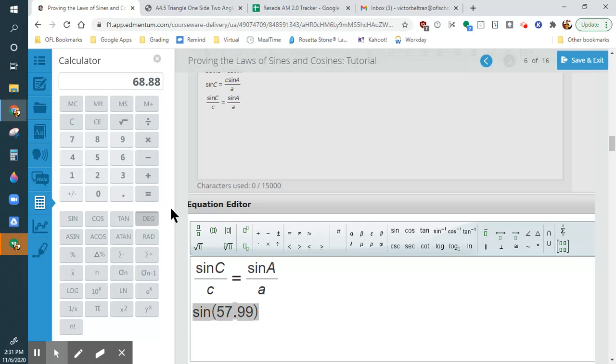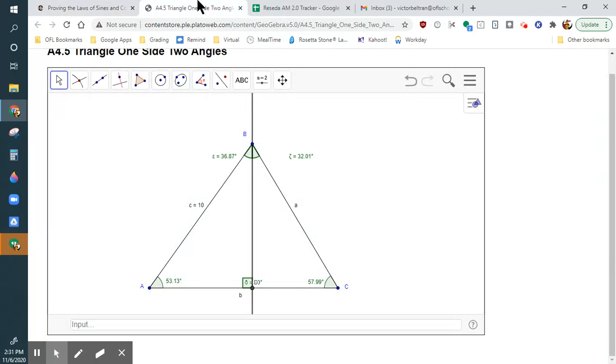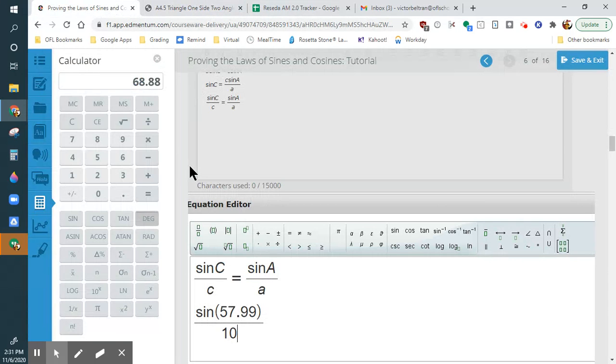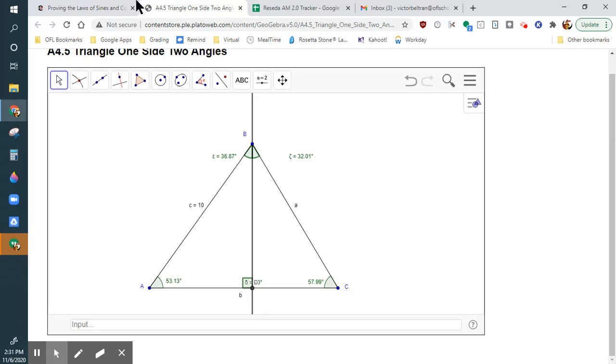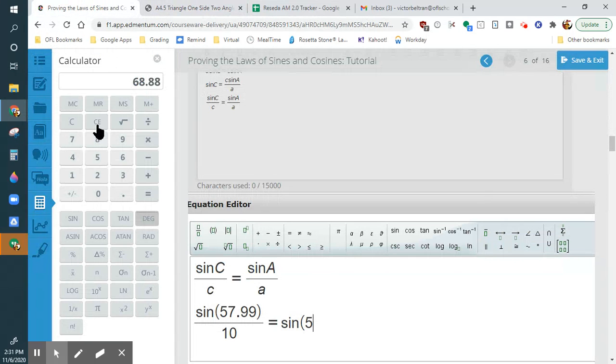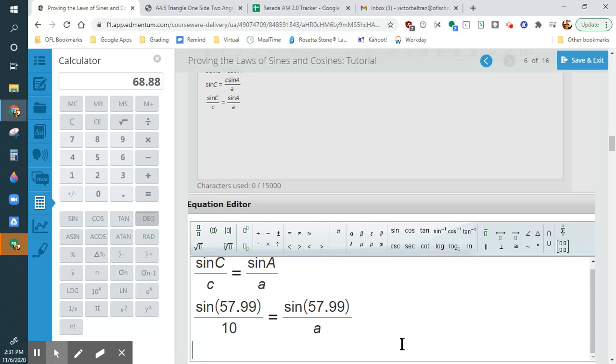And I'm going to divide that by little c, which is 10. And this is going to equal sine of A. And my A is 57.99. And this is all going to be over little a. So this is where writing it upside down comes in handy.